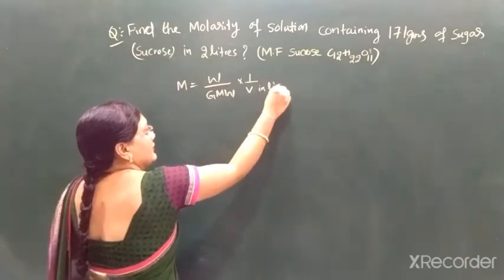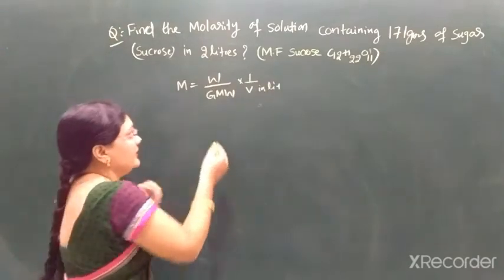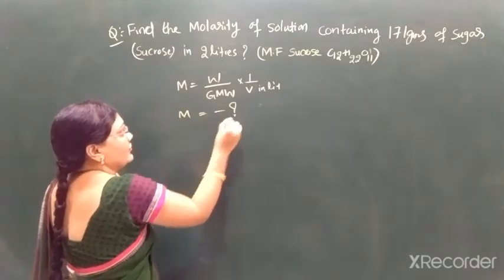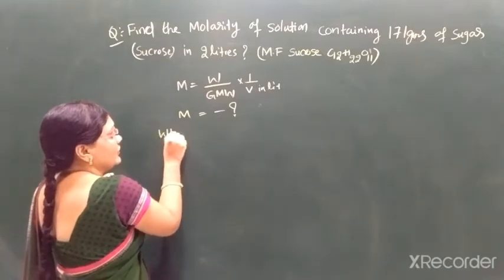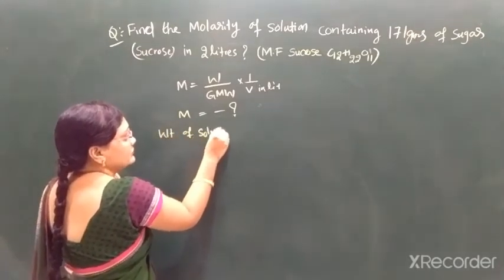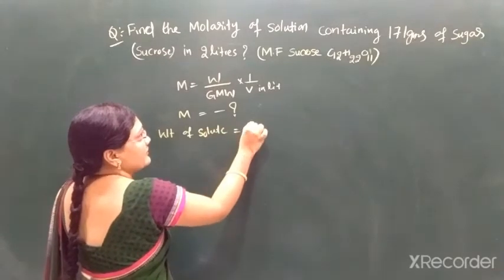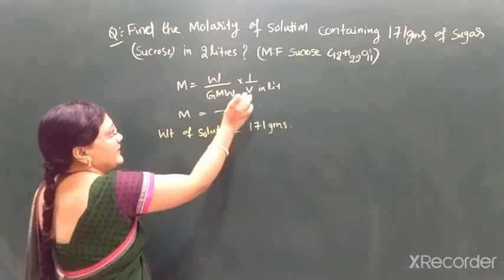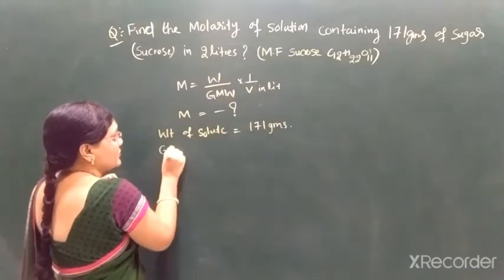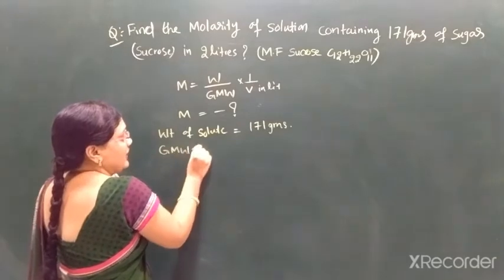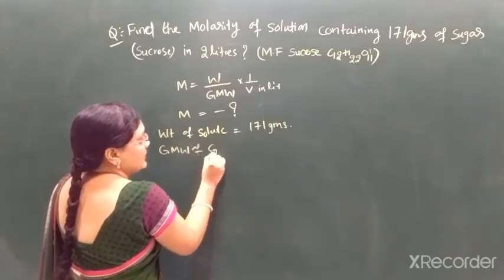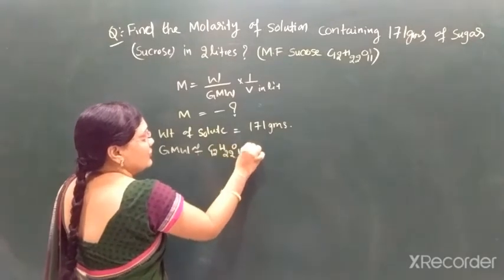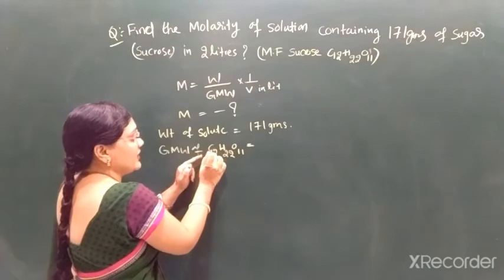The molarity is unknown. The weight of the solute is 171 grams. Next is the gram molecular weight of sucrose, C12H22O11.